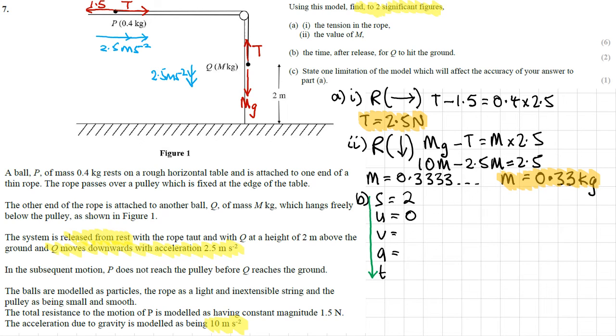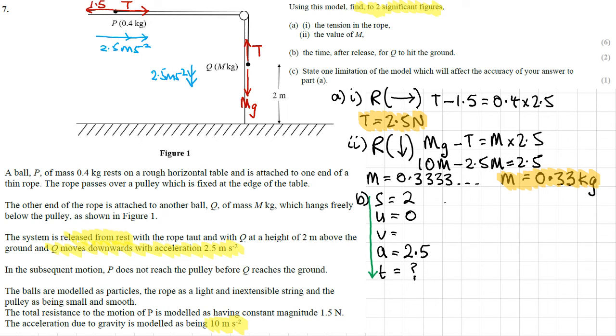A is going to be the acceleration of the particle, so not 10 but 2.5. The string is slowing it down, the rope is slowing it down, so A is 2.5, don't put 10 there. And we are trying to find the time, so I'll put a question mark there.